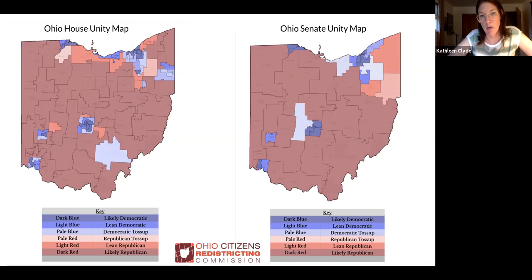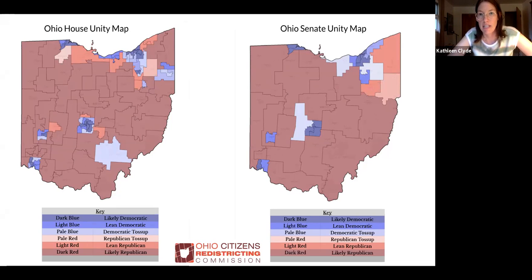The most Democratic leaning competitive districts are in Northeast Ohio. Then there are Republican leaning districts that are competitive also in Northeast Ohio. I'm in Portage County, so Portage County is a lean competitive Republican district. Over in Wood County, neighboring Lucas County, is a competitive lean Republican seat.